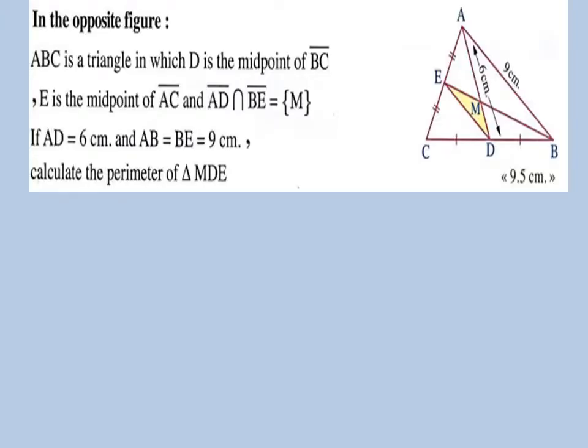Now another example. In the opposite figure, ABC is a triangle in which D is a midpoint of BC, E is a midpoint of AC, and AD intersection BE equals point M. If AD equals 6 and AB equals BE equals 9 centimeters, calculate the perimeter of triangle MDE.